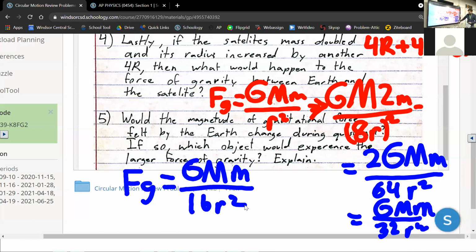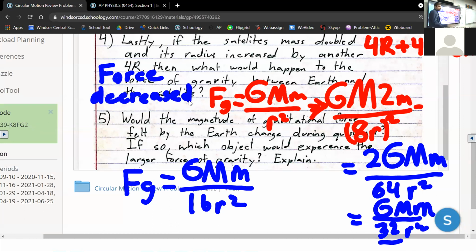It's half as big because you've got double the number on the bottom there. And so one way or another, you figure out that the force decreased by a factor of 2. You could say multiplied by a half or any of those other things, as long as you are clear.